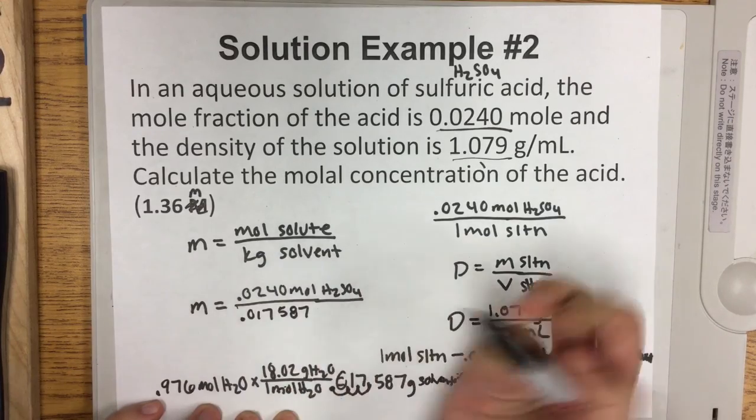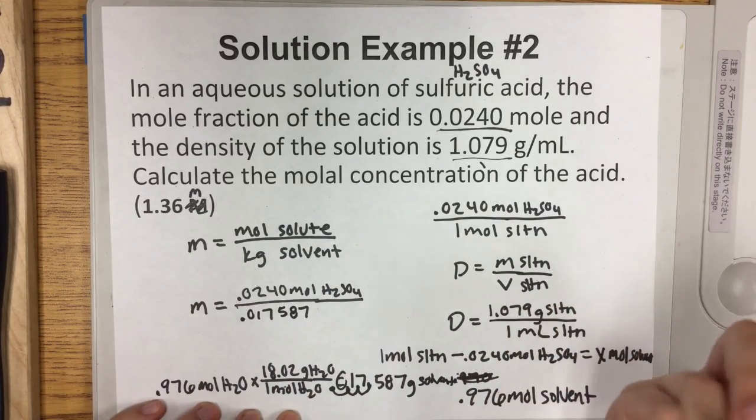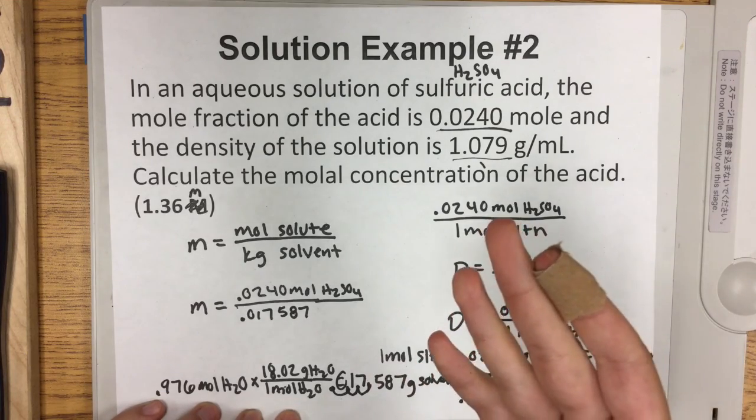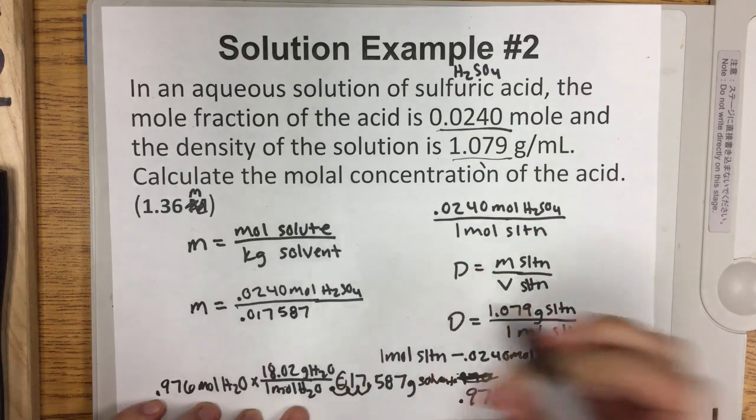So we need to convert this, moving over 1, 2, 3, and so we would get 0.017587 kilograms of H2O. I kept a couple extra sig figs because it's better to have more, so later on you don't have too little.